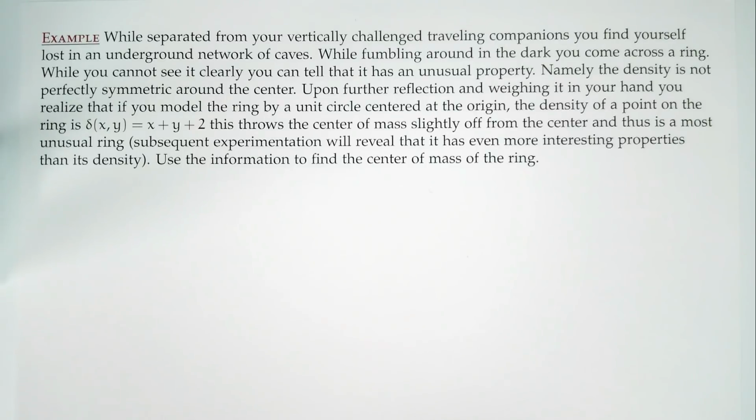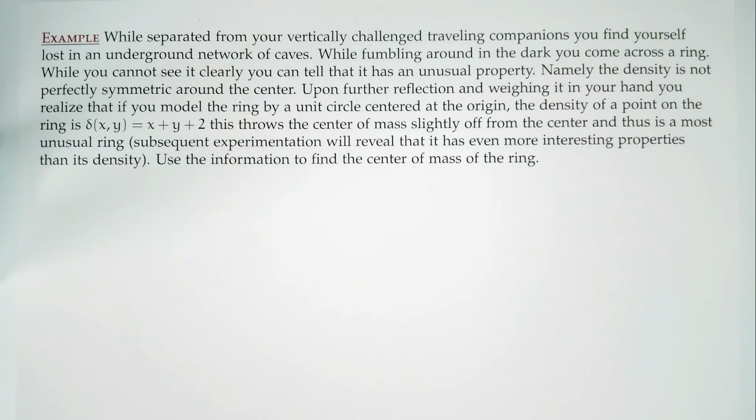Upon further reflection and weighing it in your hand, you realize that if you model the ring by a unit circle centered at the origin, the density of a point on the ring is given by x plus y plus 2. This throws the center of mass slightly off from the center and thus is a most unusual ring. Subsequent experimentation will reveal that it has even more interesting properties than its density. Now, use this information to find the center of mass of the ring.